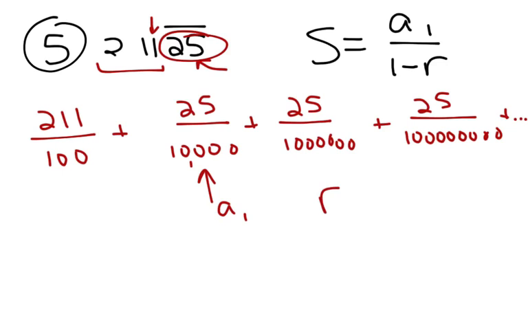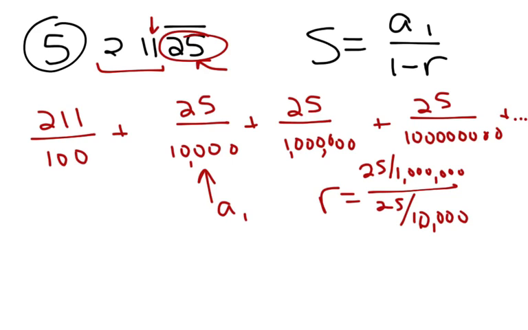The common ratio would be the second term, which is 25 over a million, divided by 25 divided by 10,000. And you would end up getting r is equal to 1 over 100. That's the common ratio.